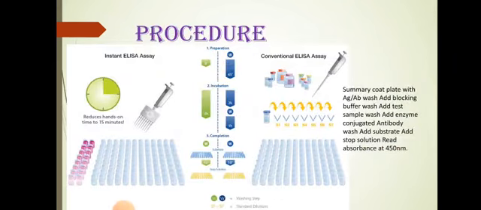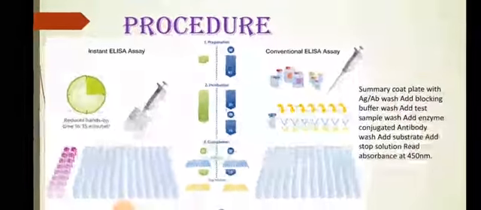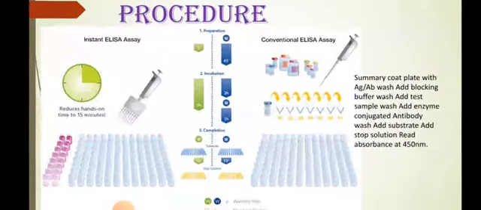The common procedure of ELISA is first the preparation, next the incubation. The first 2 hours of incubation is for the primary antibody detection. Then washing. After the 2 hours of incubation, we add the secondary antibody. Third step, we do the completion.